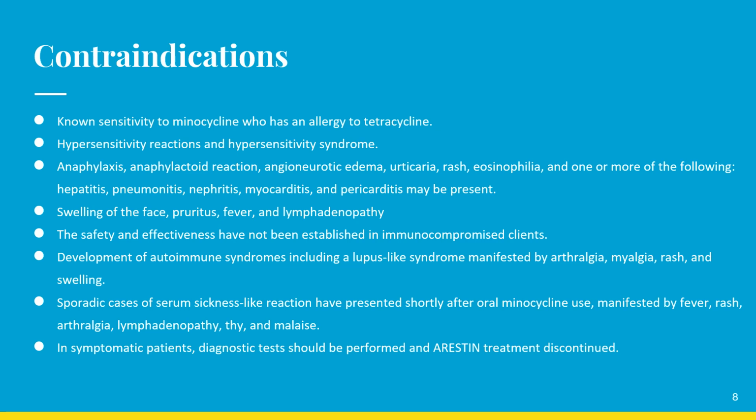Sporadic cases of serum sickness-like reaction have presented shortly after oral minocycline use, manifested by fever, rash, arthralgia, lymphadenopathy, and malaise. In symptomatic patients, diagnostic tests should be performed and Arestin treatment discontinued.